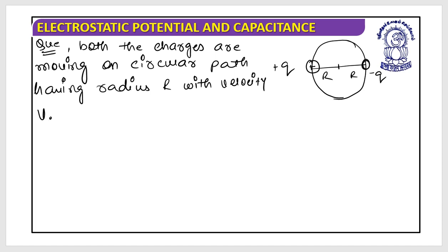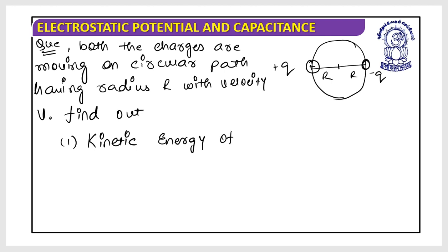What the examiner requires is to find out, first, the kinetic energy of the system. Second, he requires the potential energy of the system.